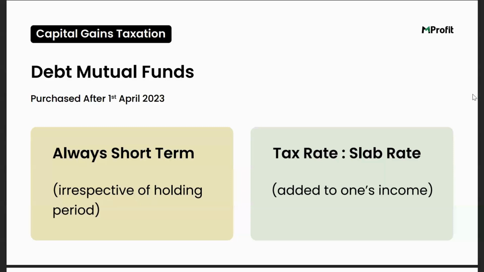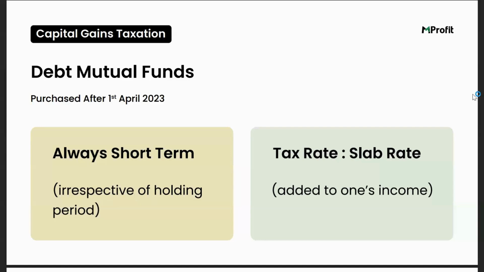Irrespective of the holding period, it will always be classified as a short term capital gain or loss. That means whether you hold it for a period of 6 months, 1 year, 3 years, or 10 years, it will always be classified as short term.